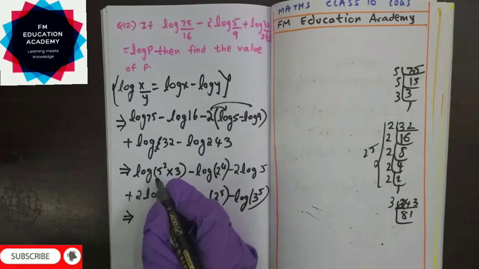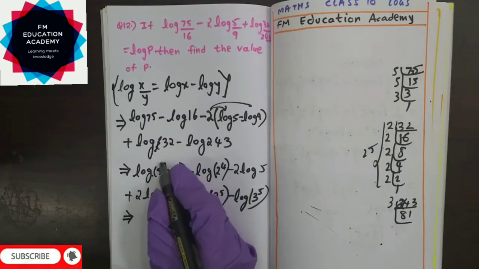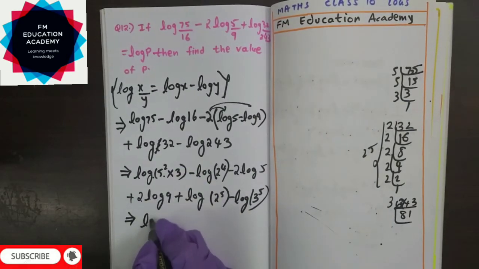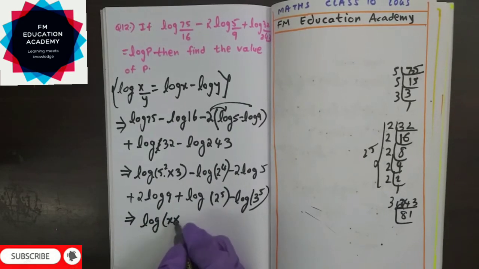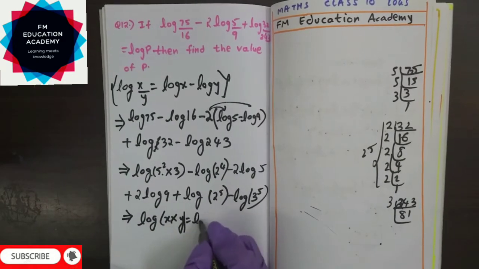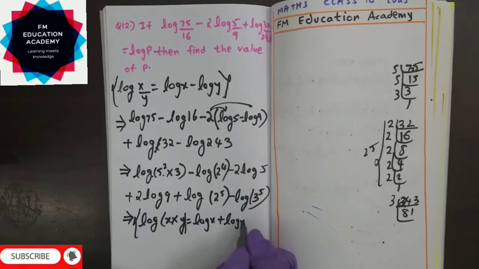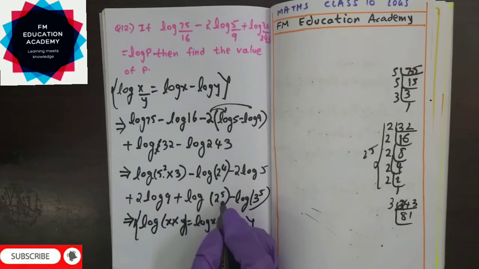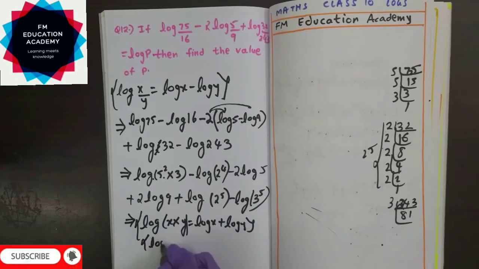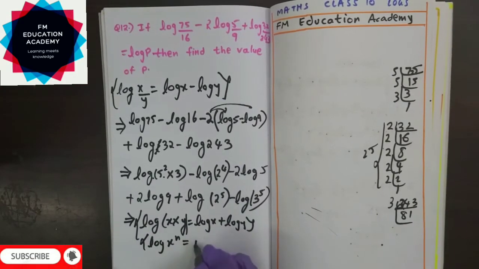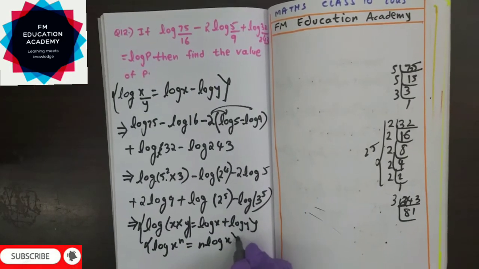Now observe, this is the form of log x into y. This whole x is 5 square into 3. So log x into y is log x plus log y. We know this is the formula that we have to apply here, and also if we observe, this is the form of log x power n. That formula will also apply. Log x power n is n log x.